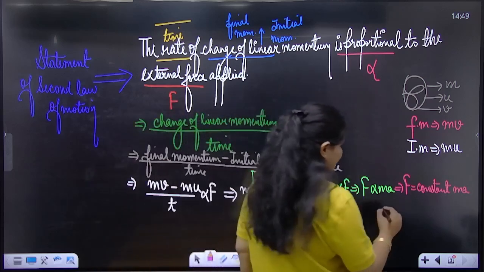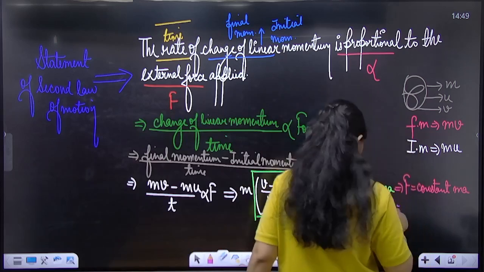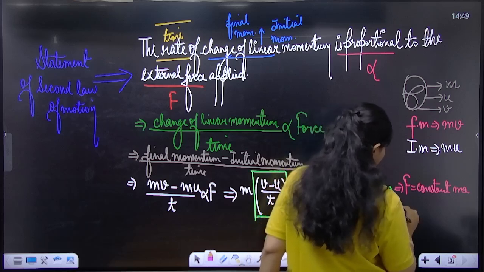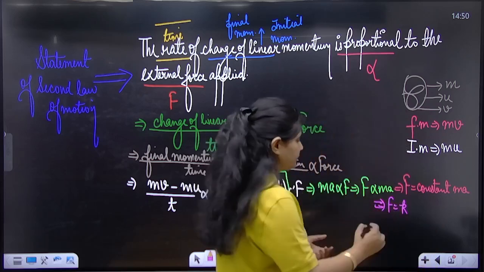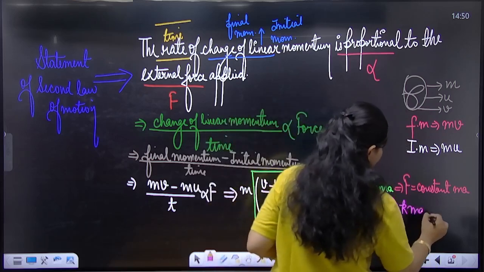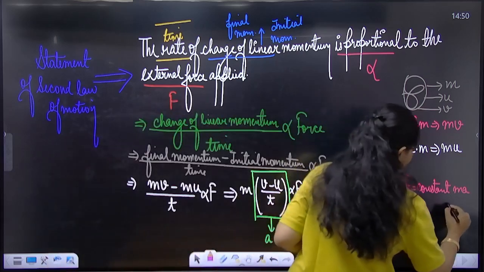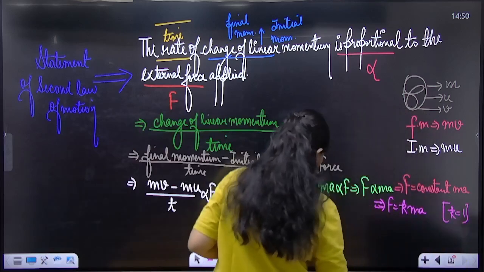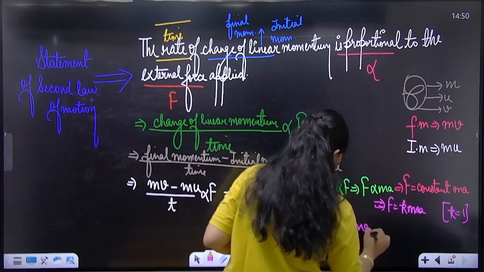So I can write this as F is equal to kma, where k is a constant and the value is 1. Or you can write here the value of k is equal to 1. So this will turn to F is equal to ma.